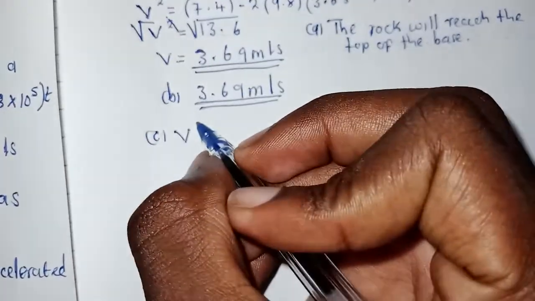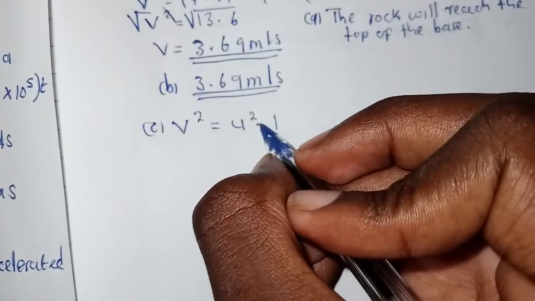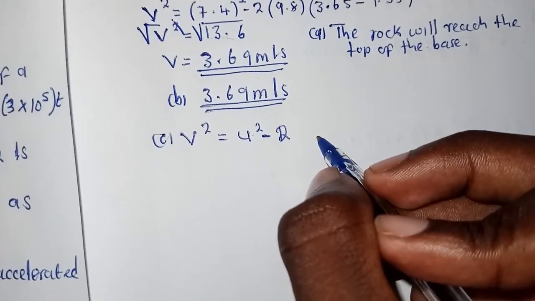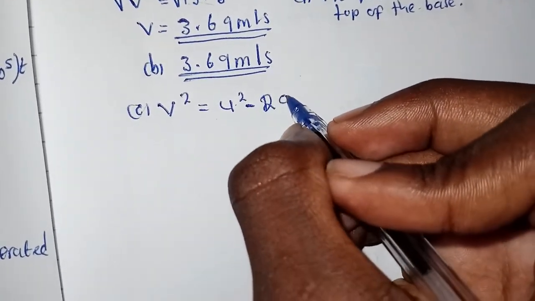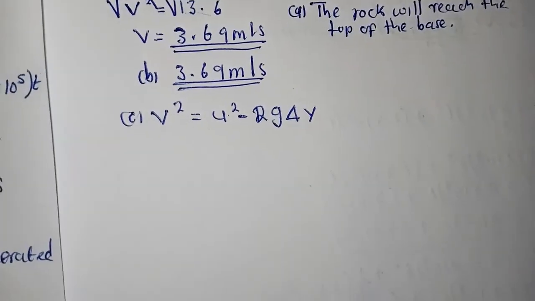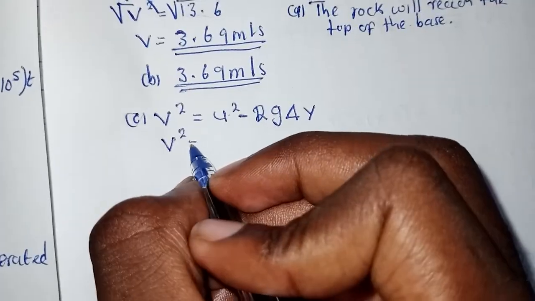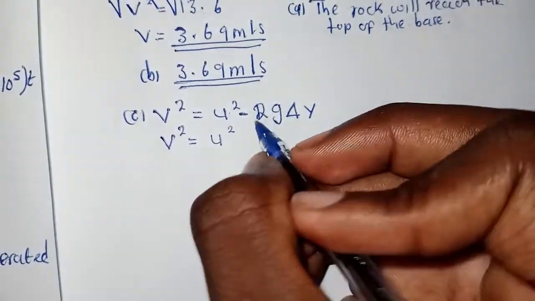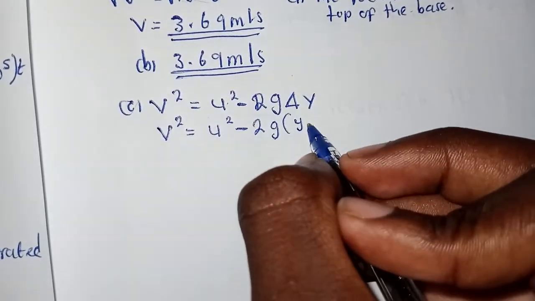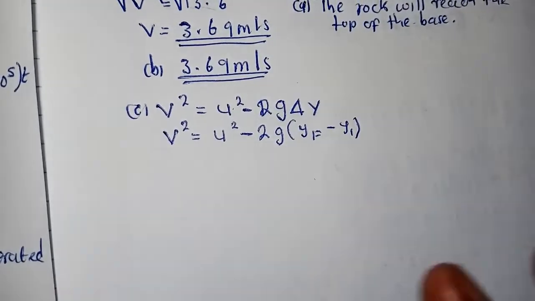You first of all bring out a formula. The same thing applies: V squared equals U squared minus 2g, the change in y, which is y final minus y initial.